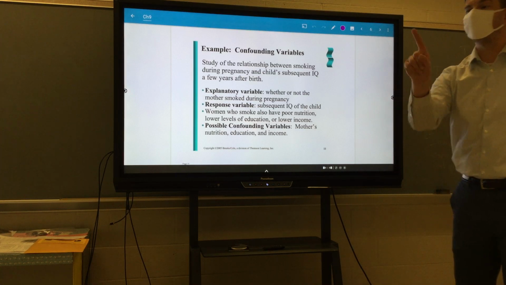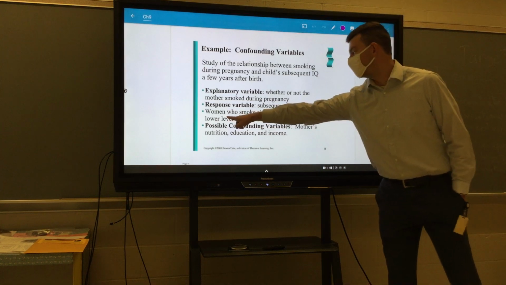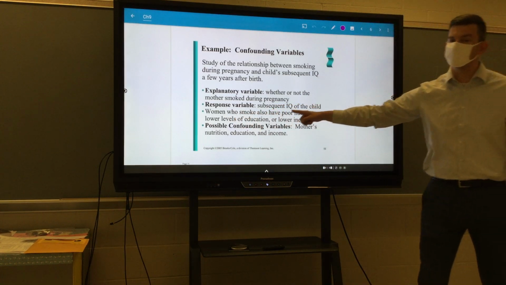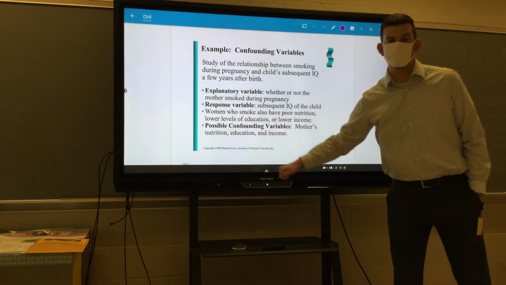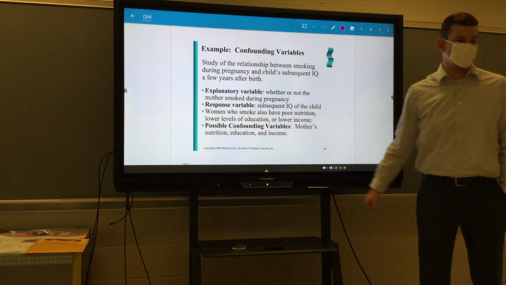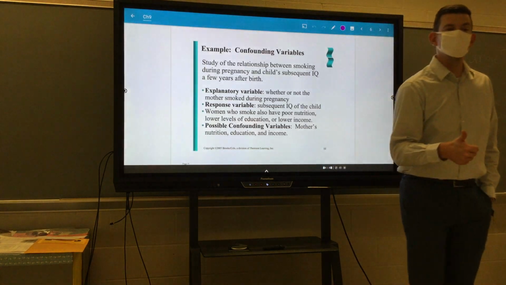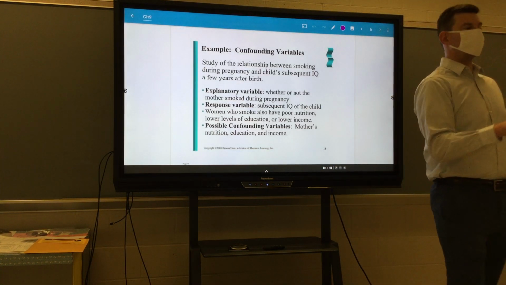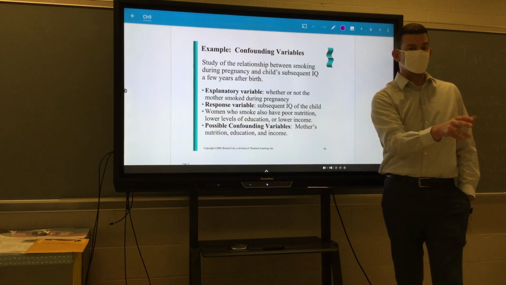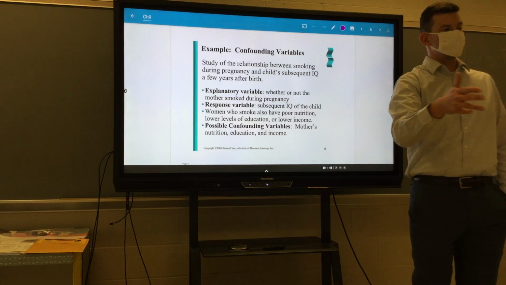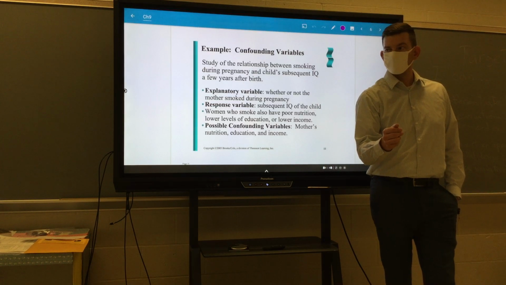But you can possibly identify lurking variables. Women who smoke also tend to have poor nutrition, lower levels of education, or lower income. All of those could possibly explain a lower IQ score for that child, either because of those influences during the pregnancy, or during the first few years of life after the child was born.